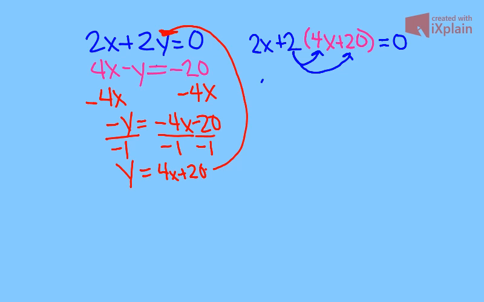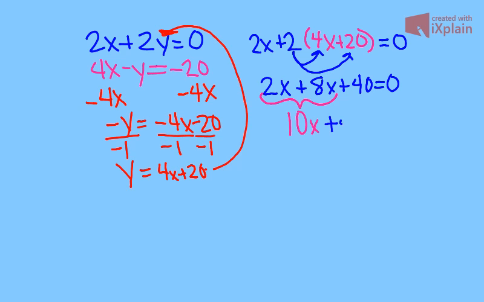Okay, so we have a 2x left plus 8x plus 40 equals 0. Now I want to combine these like terms. 2x plus 8x gives us a 10x. We still have that plus 40 equals 0.